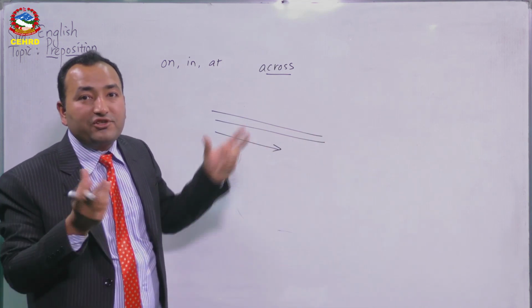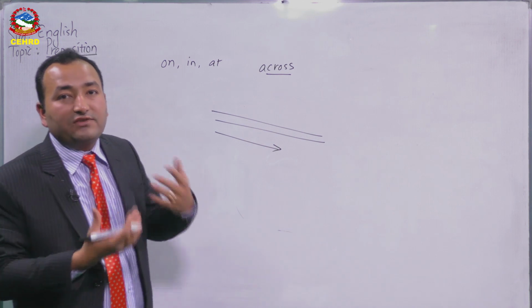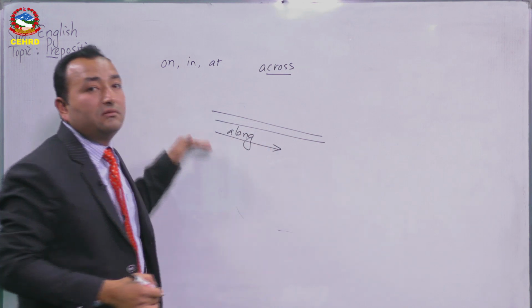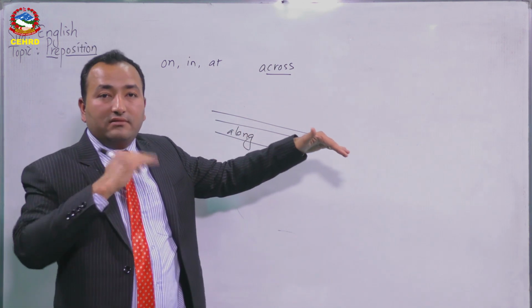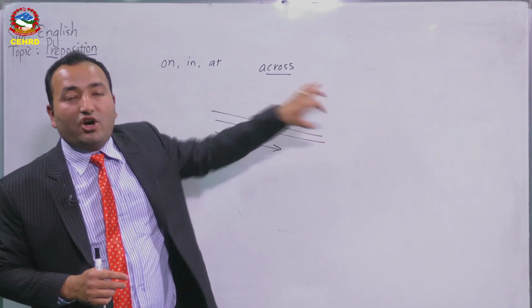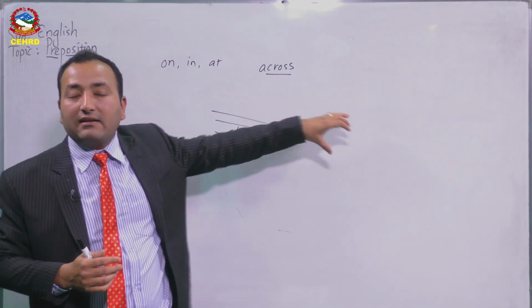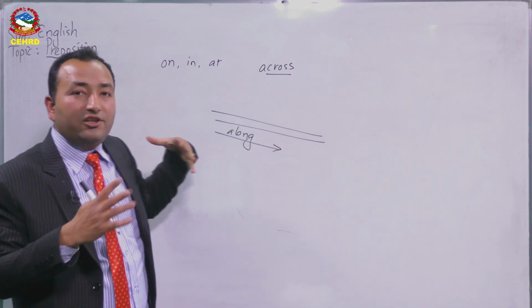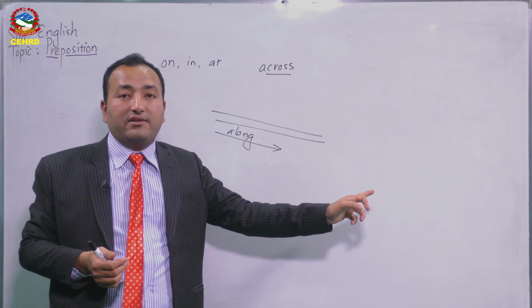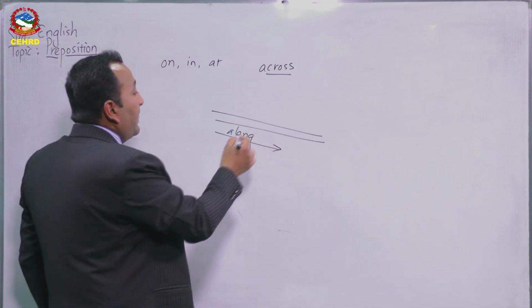What preposition do you think is suitable there? We write along. Along means going parallel to a line. A road is like a line, a river is like a line. So in this situation, we use along.